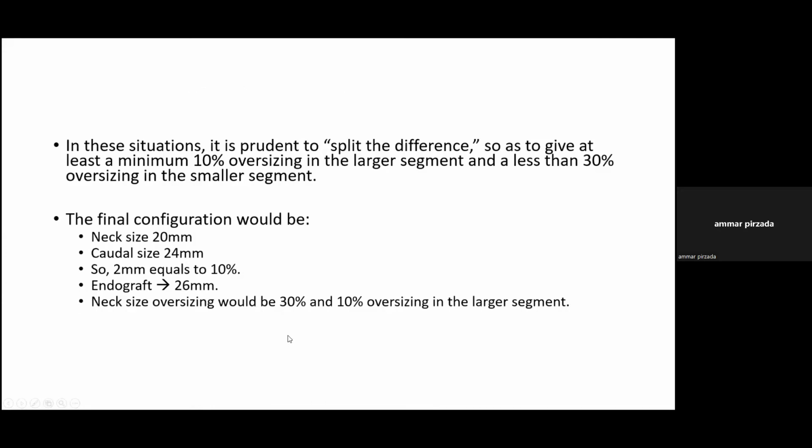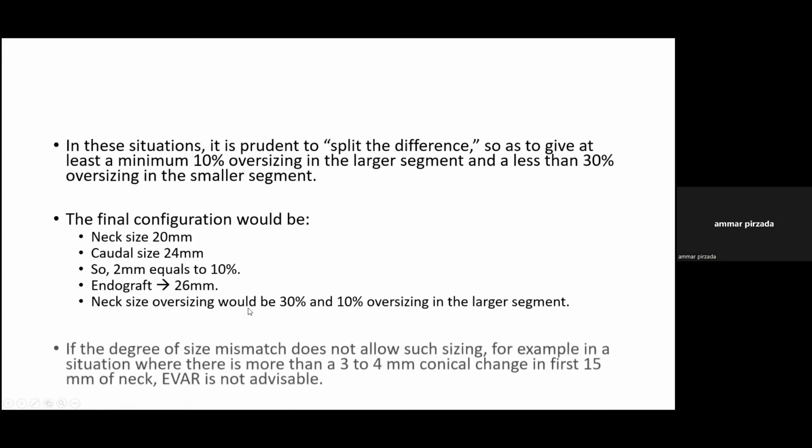So if we take an endograft of 26 millimeter, this would give at least an oversize of 10% in the largest segment, that is from 24 to 26 millimeter, and an acceptable oversizing at the level of neck, and it would be somewhere around 30%. So splitting the difference is a way to go about it if we have to encounter the conical neck.